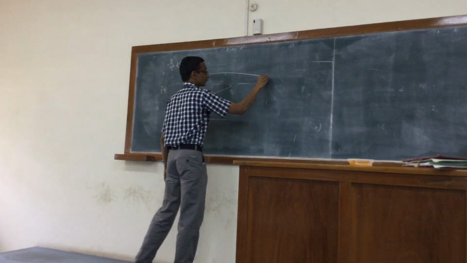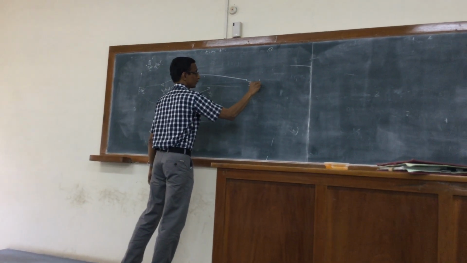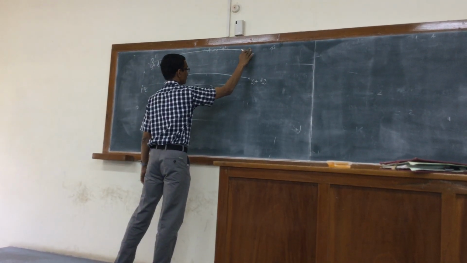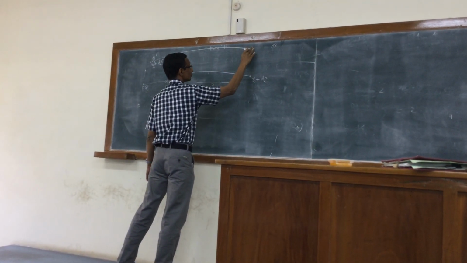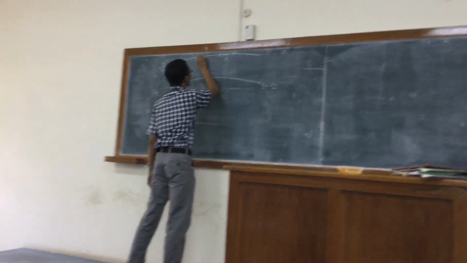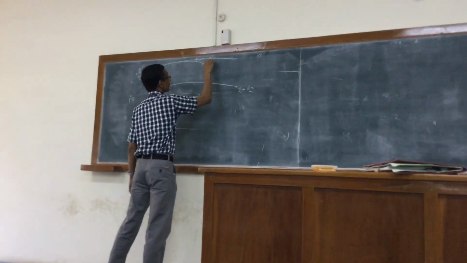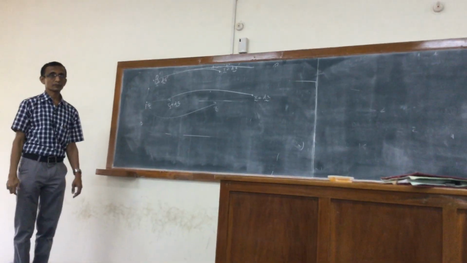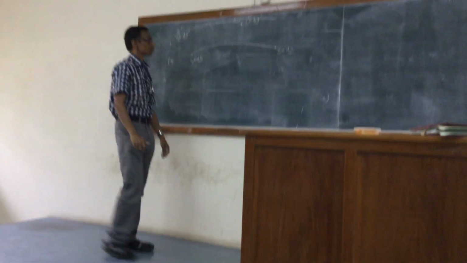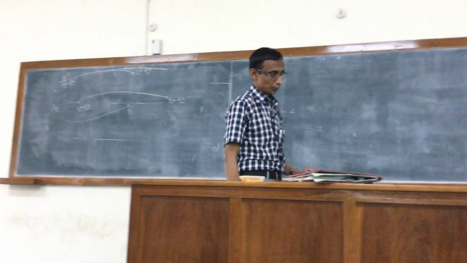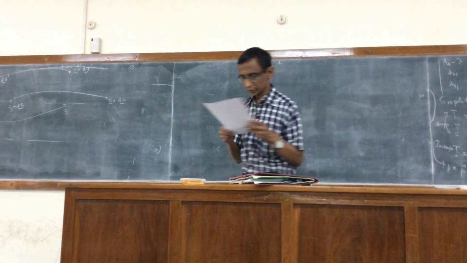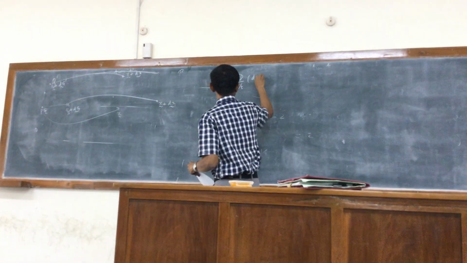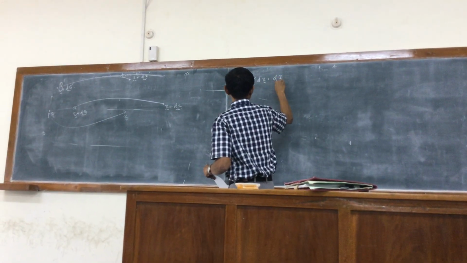This, I will say, has shifted to x plus dx, and this has shifted to x plus dx prime. So now the first part of the problem is to find out what is d by dt of dx dotted with dx prime.